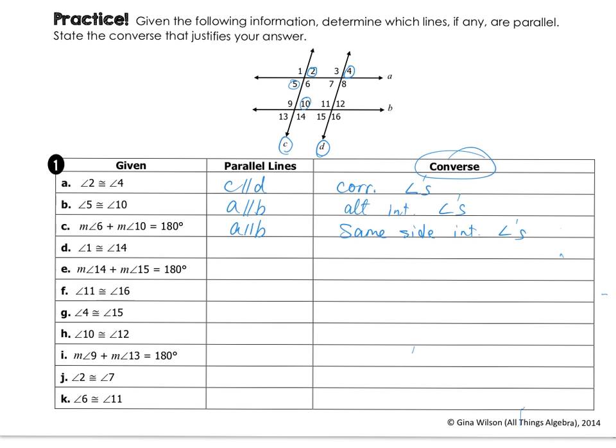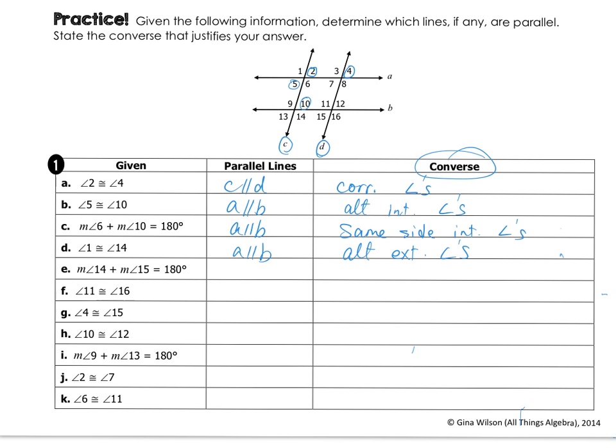Okay, let me finish with two more, 1 and 14. 1 and 14 are alternate exterior angles, and they're proving A and B are parallel.